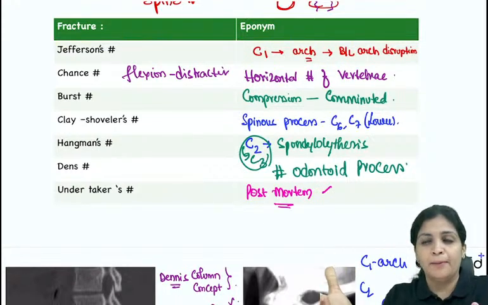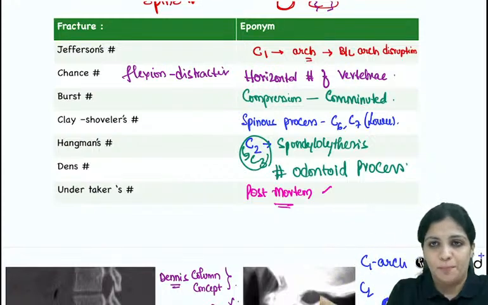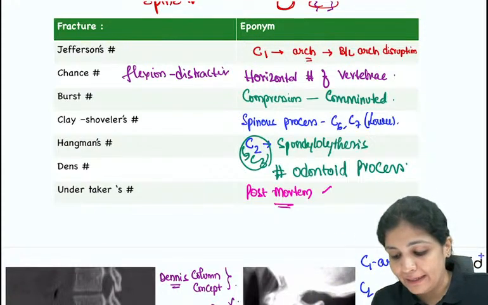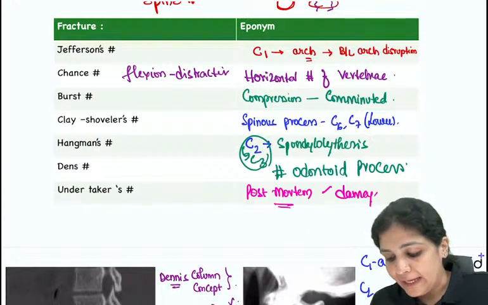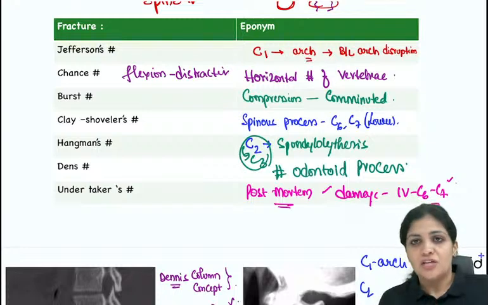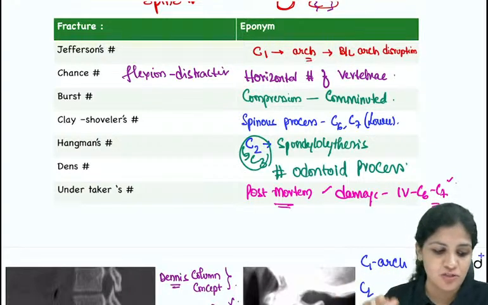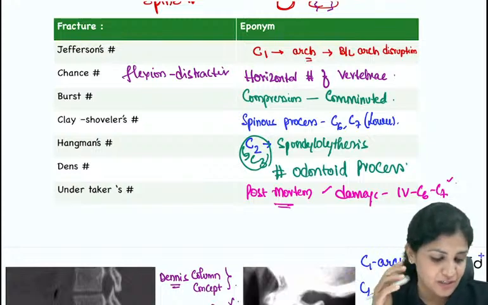Whenever they transfer the corpse or the body, mishandling of that body will result in damage to the intervertebral disc of C6 and C7. So whenever this damage occurs in the disc of C6 and C7, that is called undertaker's fracture.